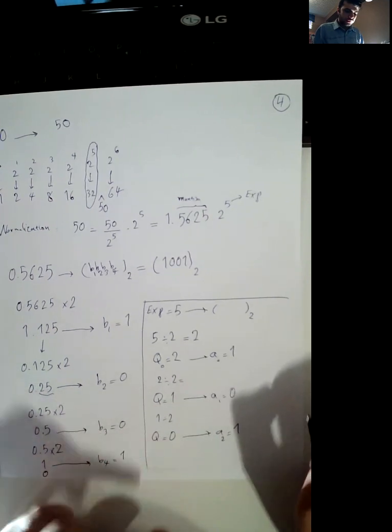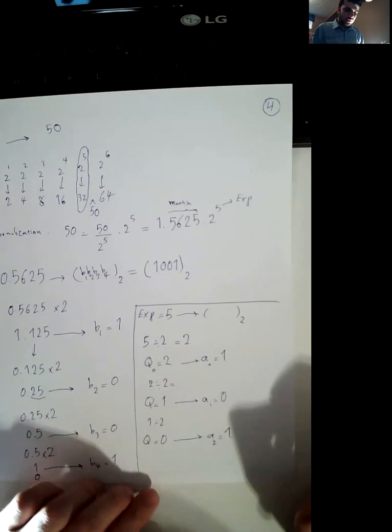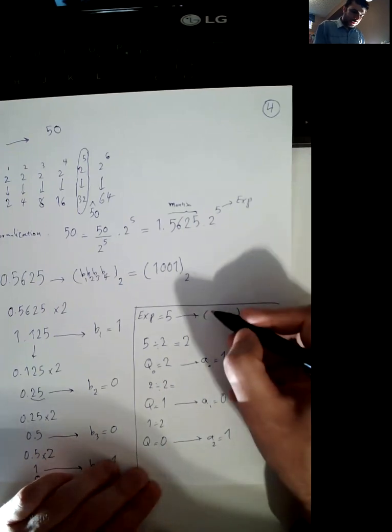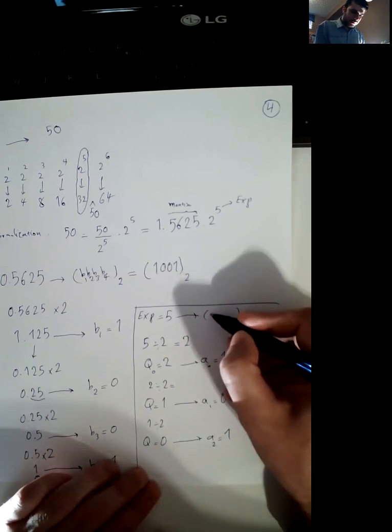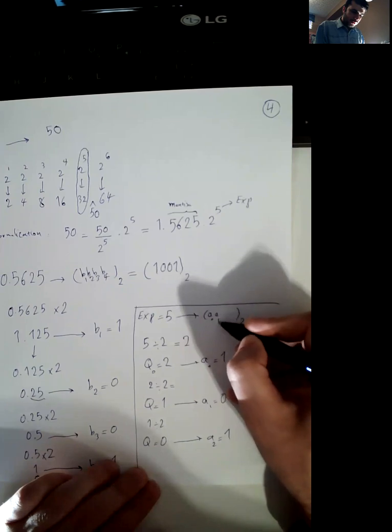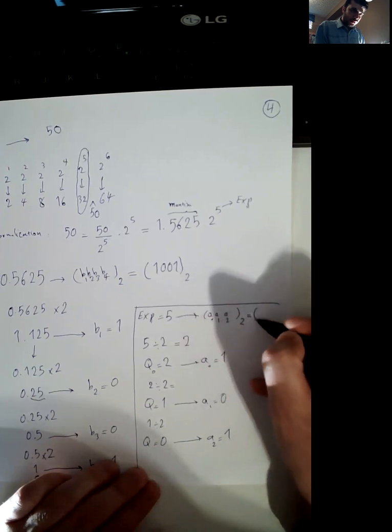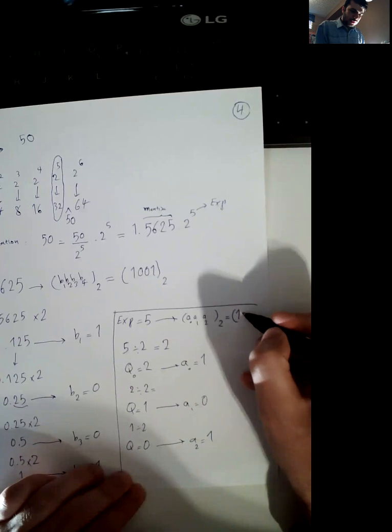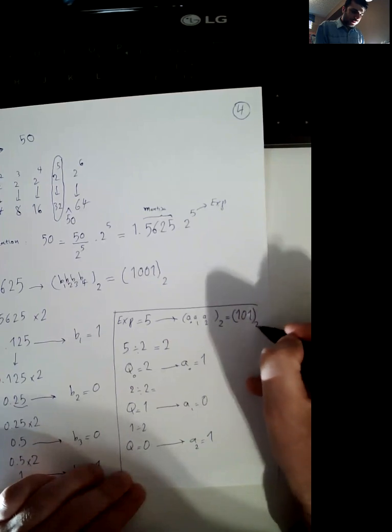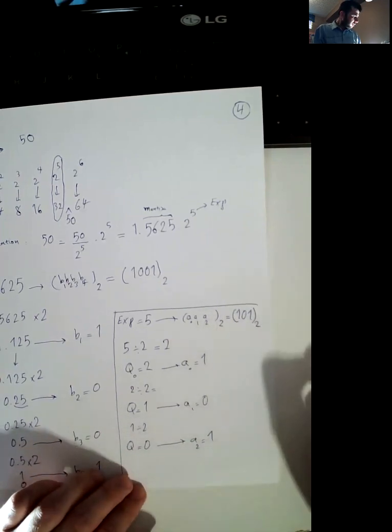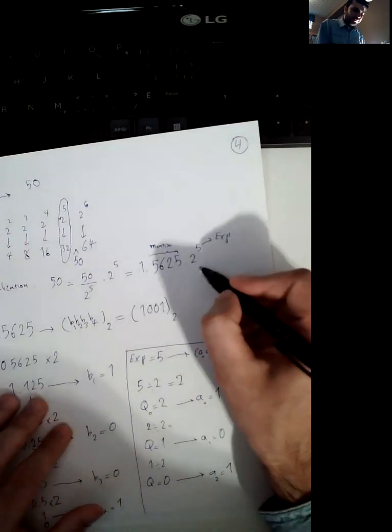Once the quotient is 0, you stop the computation, and the number will be a2 a1 a0, which is 101 in base 2.